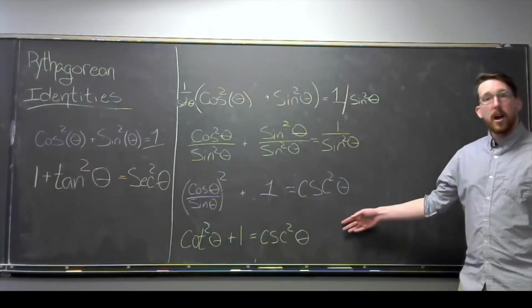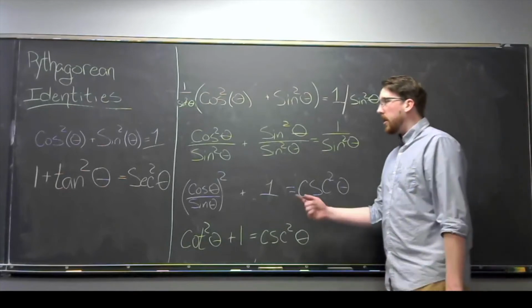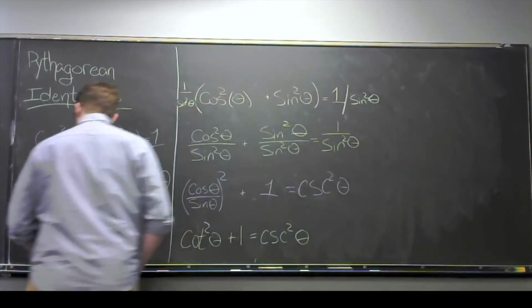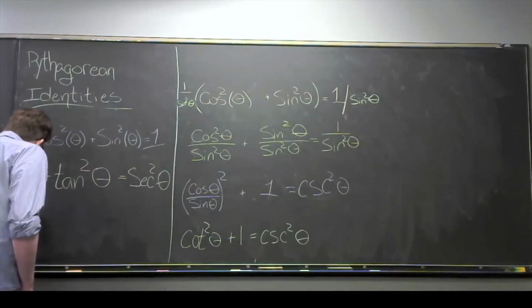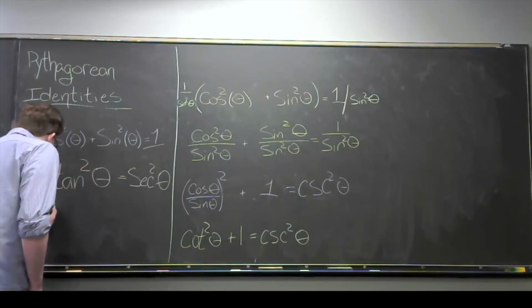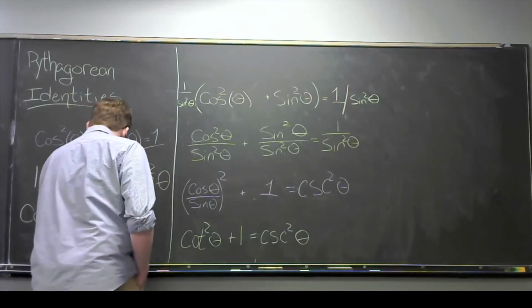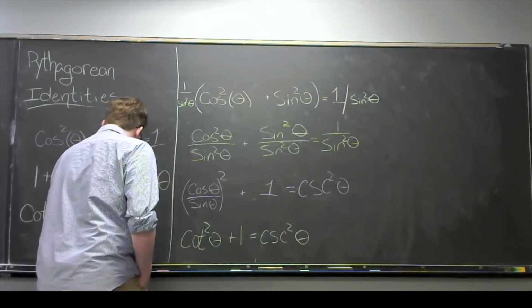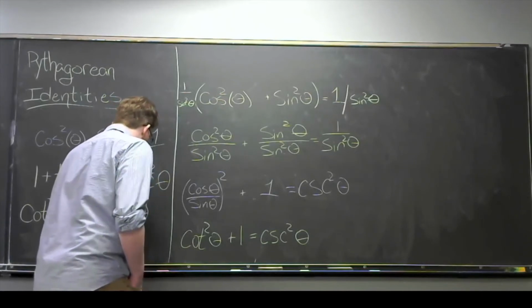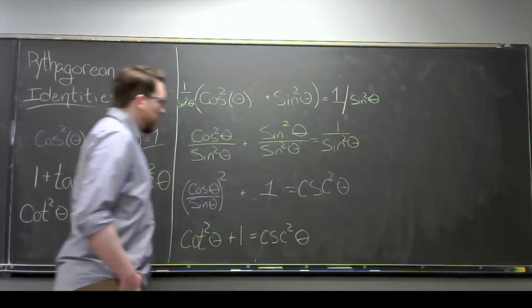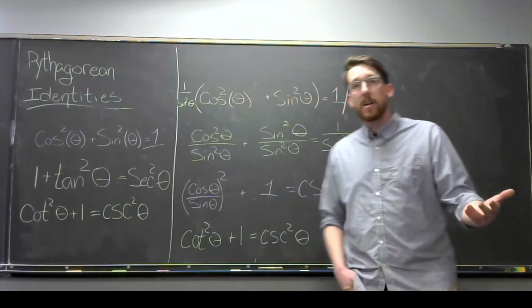And this is our other identity. We'll go ahead and write it down. Cotangent squared theta plus 1 is equal to cosecant squared theta. And those are our Pythagorean identities.